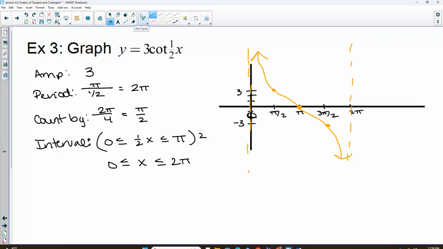All right, so those are all pretty straightforward examples. We've also done with sine and cosine, we talked about moving our graph left and right, up and down. So we have those same transformations with tangent and cotangent. Let's look at an example of each of those and then I'll be done.